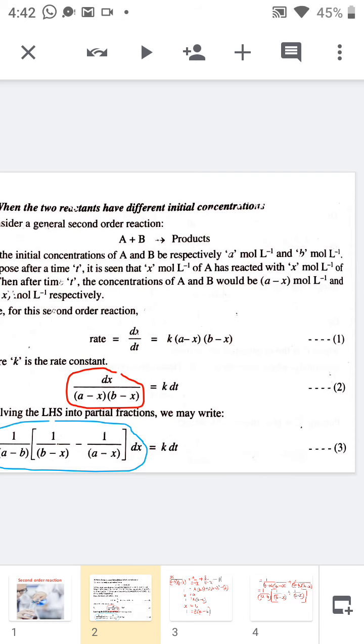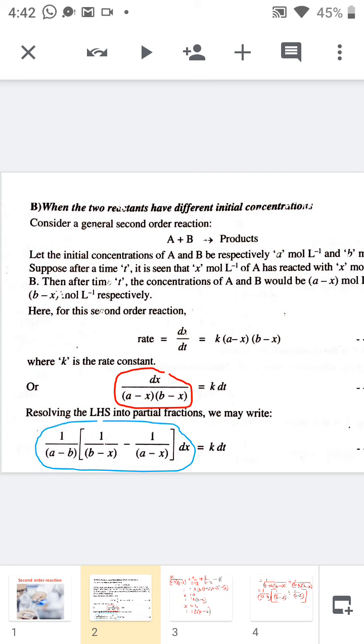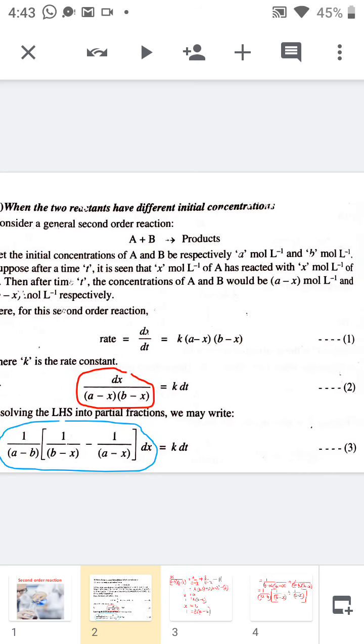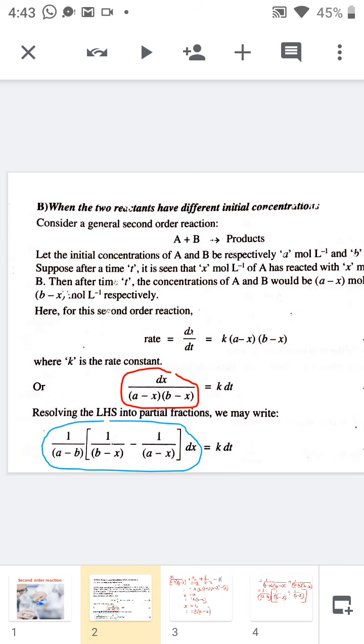Then we have to find the integration of dx by dt. In order to do the integration, we have to move the x terms, that is a minus x and b minus x, to the left hand side, and the term dt to the right hand side. So our equation 1 becomes dx by (a minus x) into (b minus x) equal to k dt.